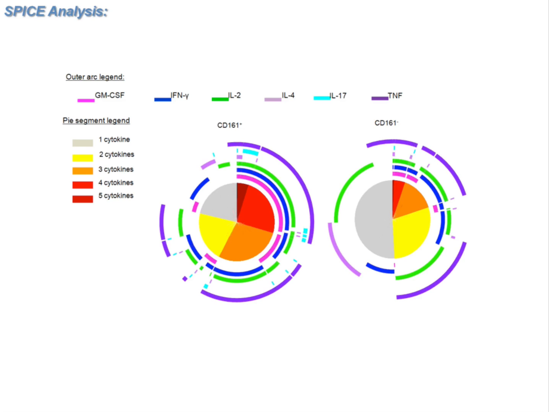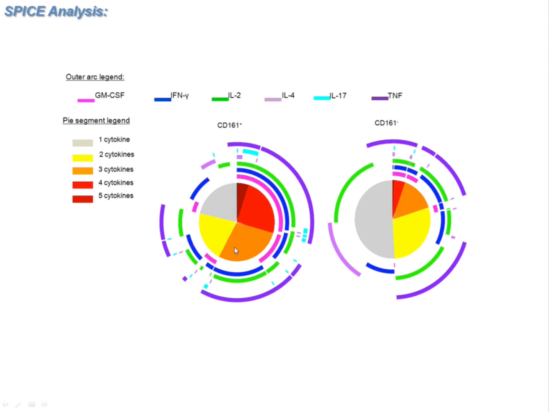It can be hard to present that data in traditional flow plots. So Mario Roederer's group at NIH came up with this SPICE software that's freely available, and it's a way of interpreting data which has to be analyzed via FlowJo software.